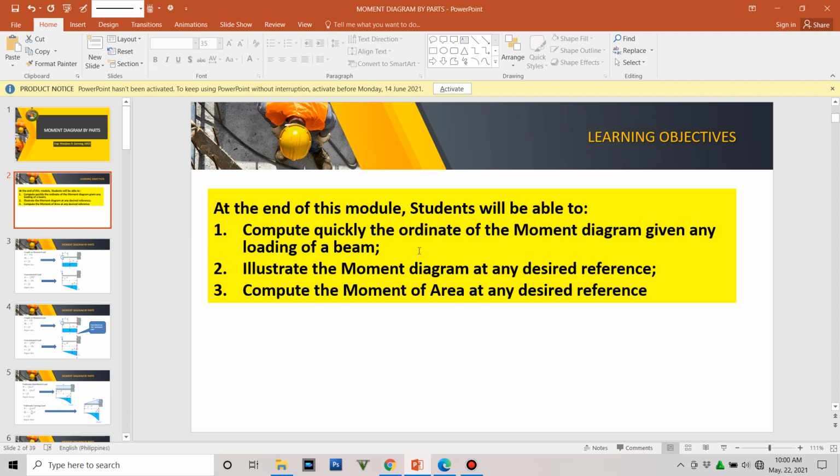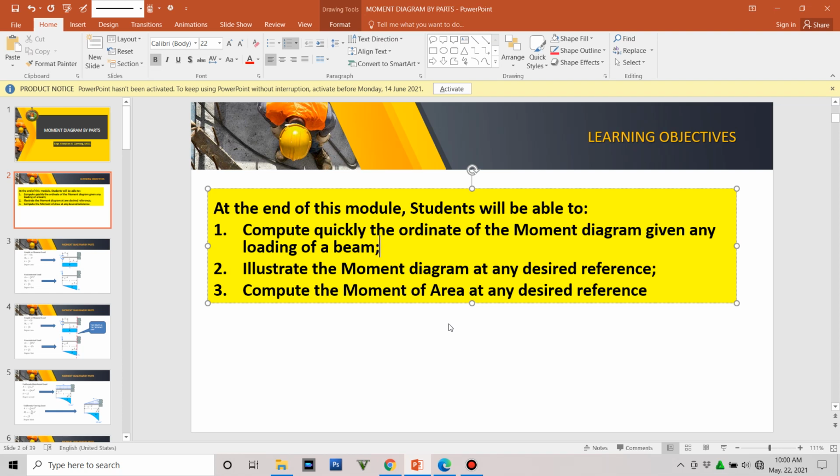the beam. If you noticed last time, as I have said, you really need to establish the shear diagram before you can draw the moment diagram. The basis is that the area of the shear diagram is equal to the ordinate of the moment diagram.